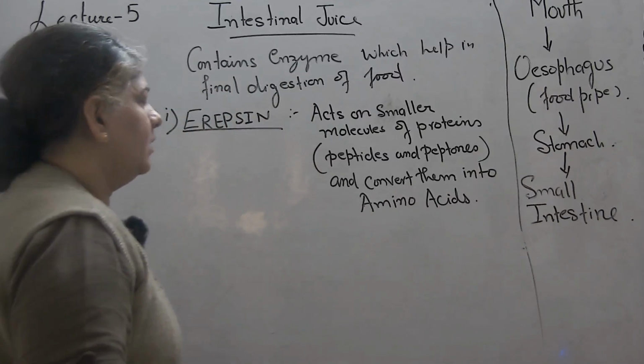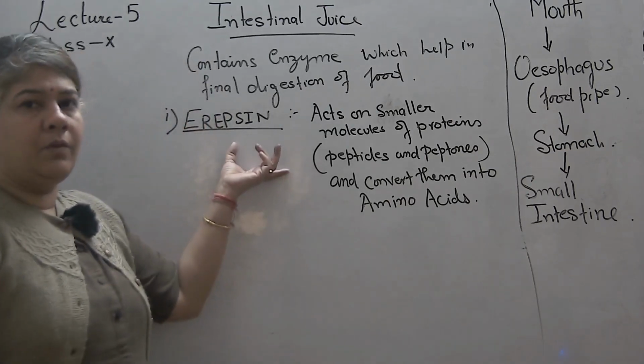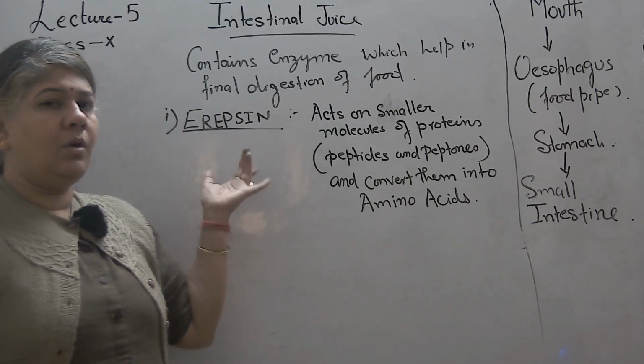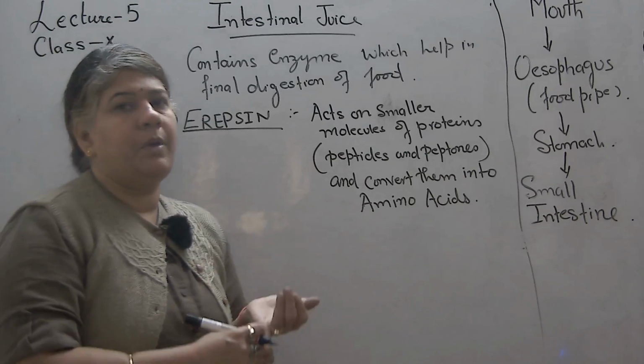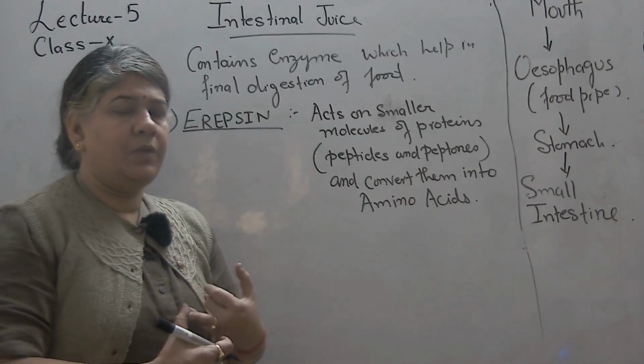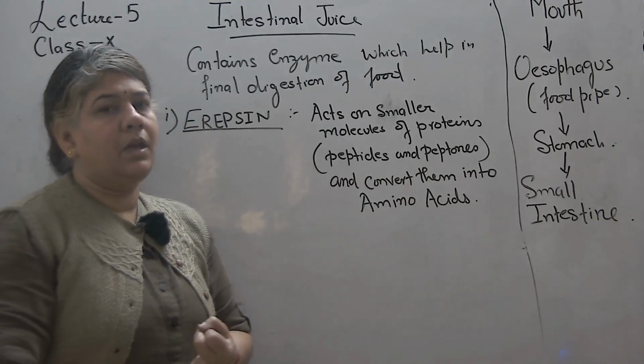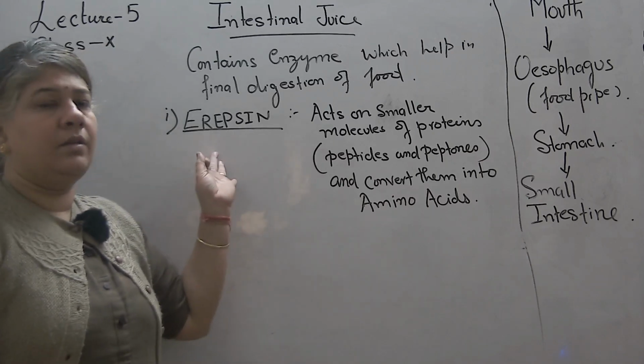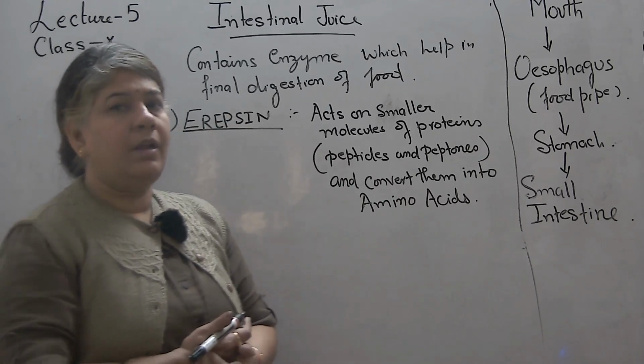So again, this is an enzyme which is acting on protein. We saw in the stomach it was pepsin, then trypsin secreted by the pancreas, then erepsin that is secreted by intestinal juice.